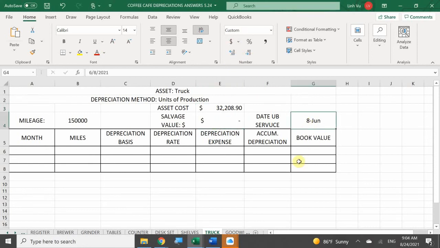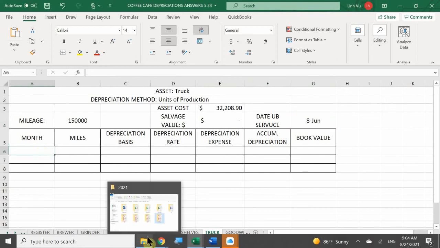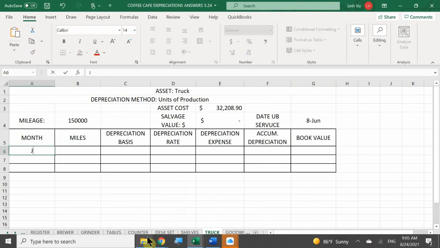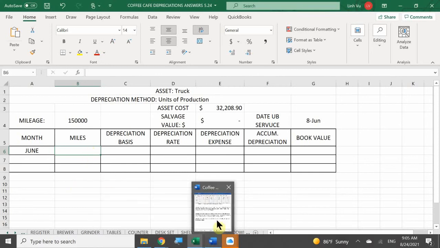So in this case, we have all the information that we need in order to solve for this depreciation. If you guys remember, this is units of production. We drove how many miles for the month of June? 150,000 is the capacity.